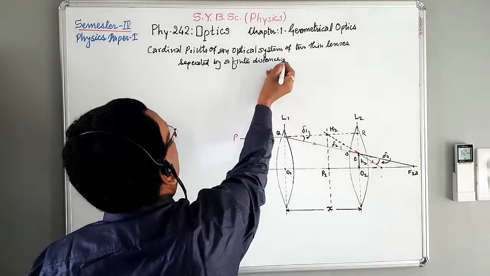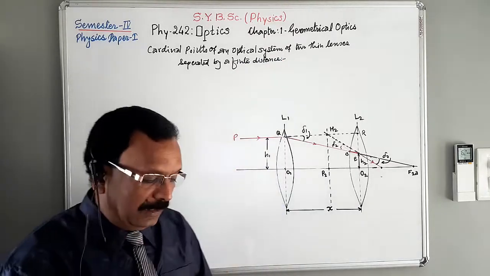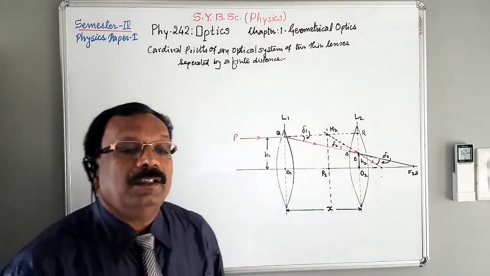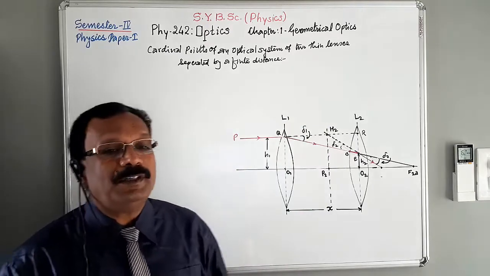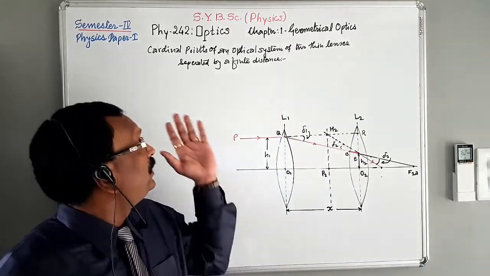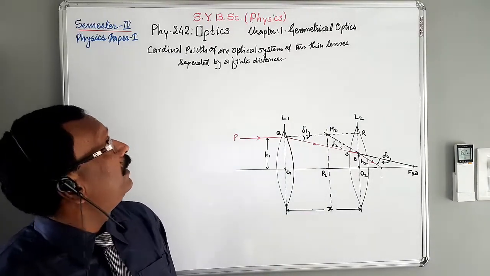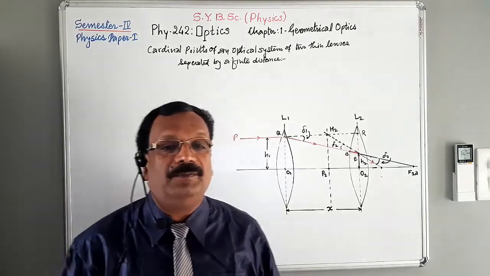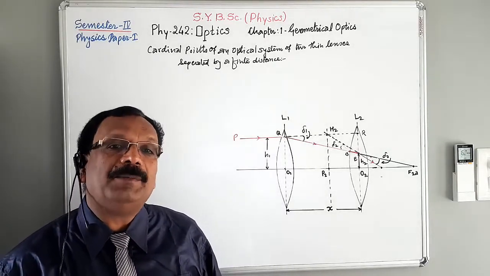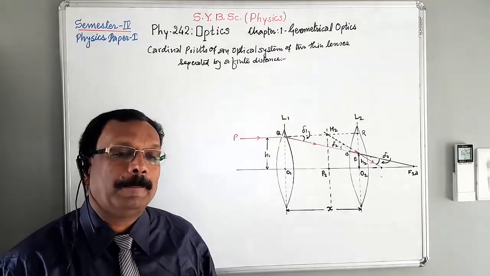In this lecture we are going to see the position of cardinal points of an optical system of 2 thin lenses separated by a finite distance.